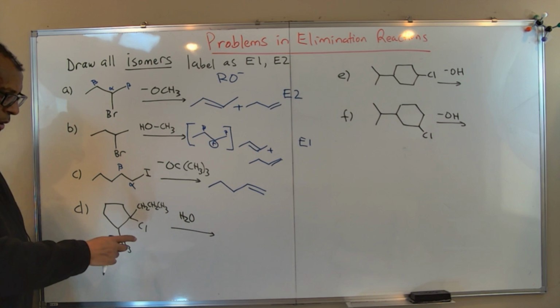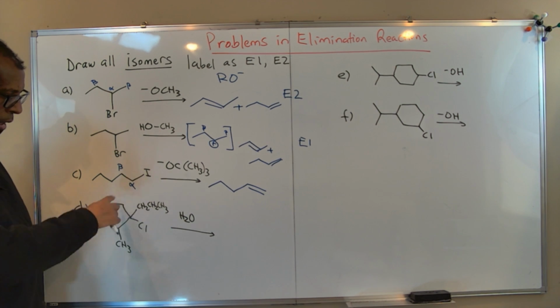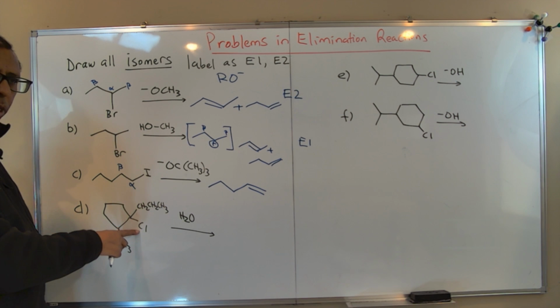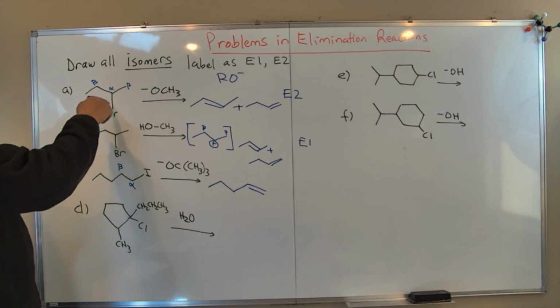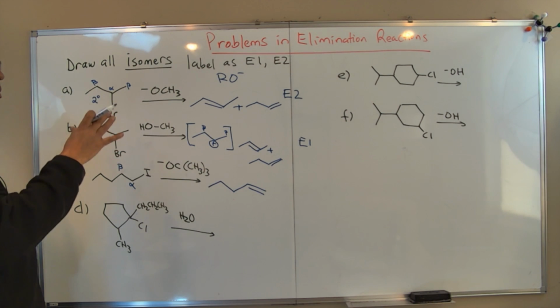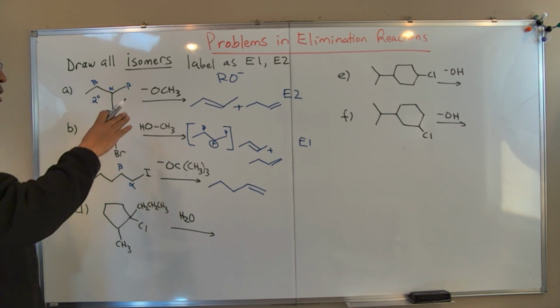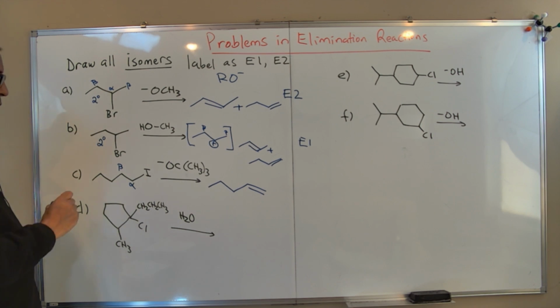Okay, in this D, you see a tertiary alkyl halide. Let me also characterize the others. This is a secondary that could go E1 or E2, but based on the reagent, it is an E2. This is a secondary as well, the same.